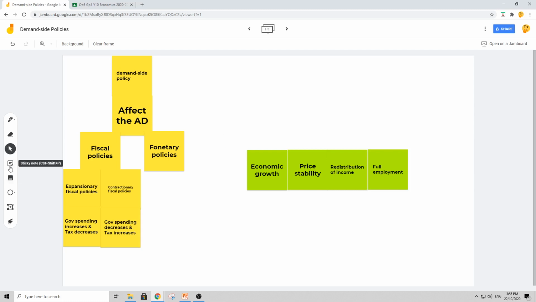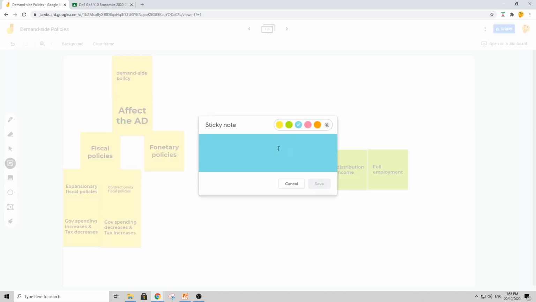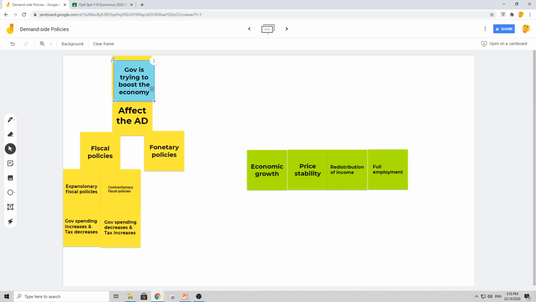So let's make an assumption. Let's say now the government is trying to boost the economy. So, which fiscal policy should we use?